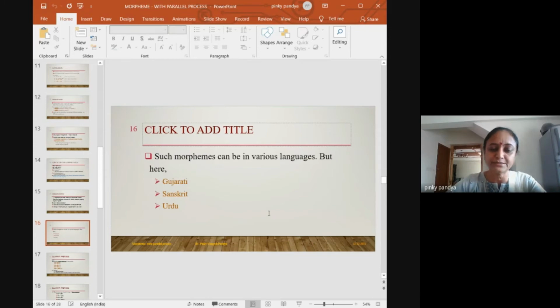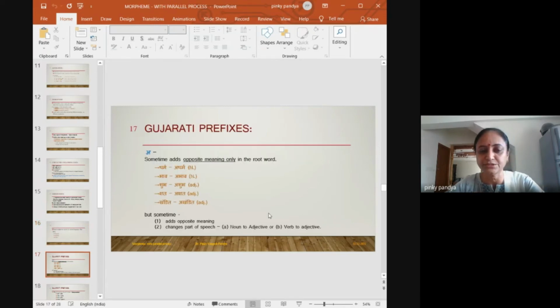Here I have prepared some data from three languages: Gujarati, Sanskrit and Urdu. Earlier I had collected the data of Hindi too, but Sanskrit is the mother language of Gujarati and Hindi, or even Marathi, and there are a few similarities in that. So I am focusing on these three languages.